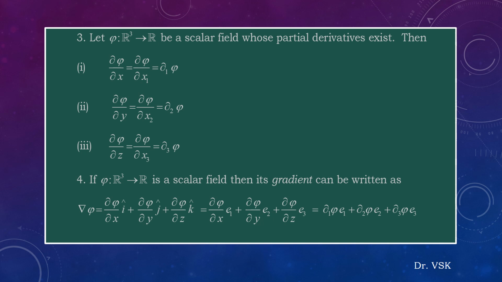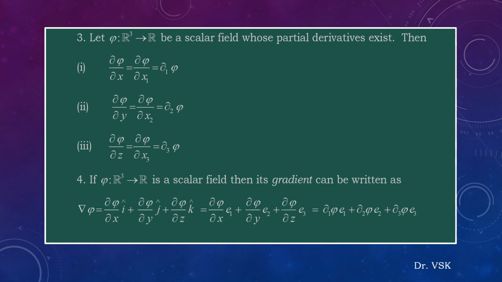For that purpose, let us choose a scalar field phi from R3 to R now. Let us suppose that all the partial derivatives of this particular scalar field phi from R3 to R exist. Let us write dou phi by dou x equals dou phi by dou x1. That means I replaced x with x1.